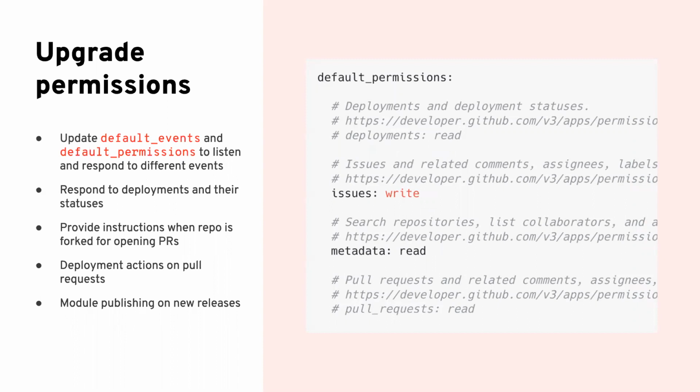So if I was to add an event for pull requests in that first attribute for default events, I would just uncomment this pull request read access here in default permissions. And then the app will be fully set up to request that access from any user that installs the app.